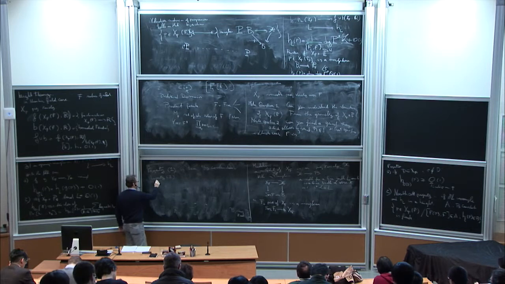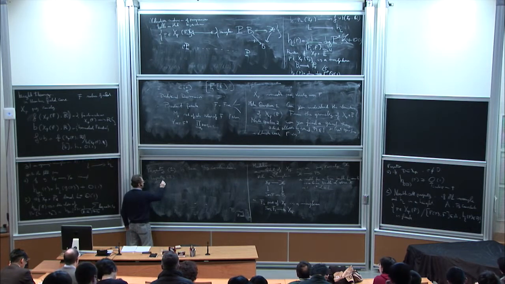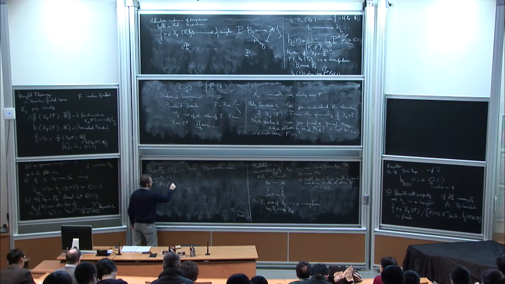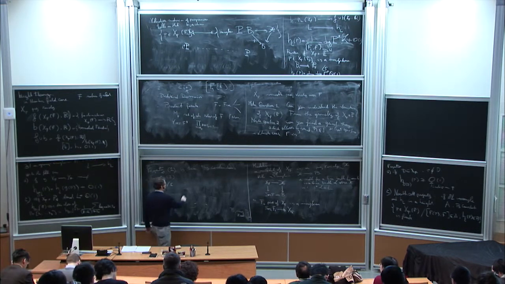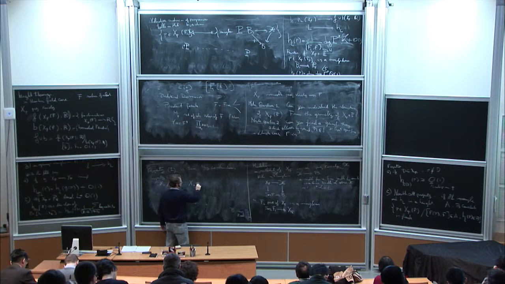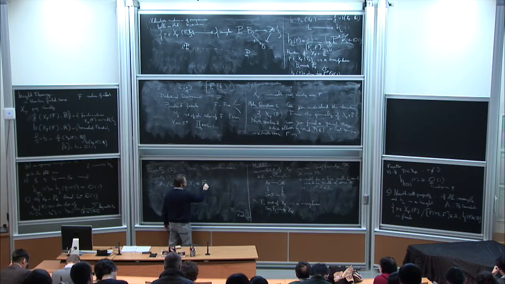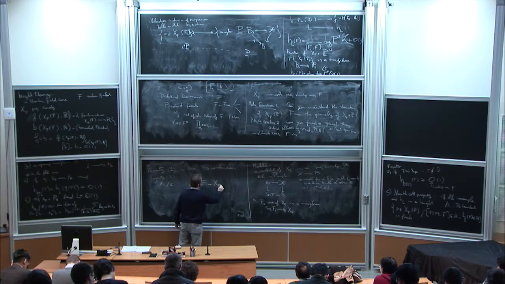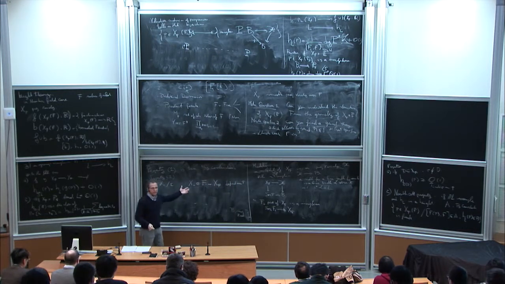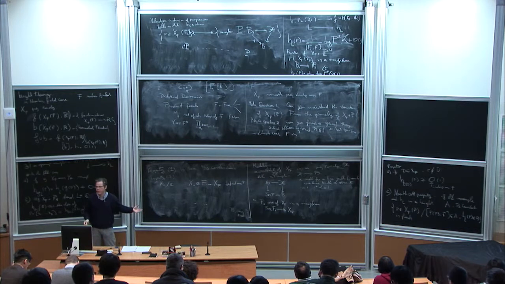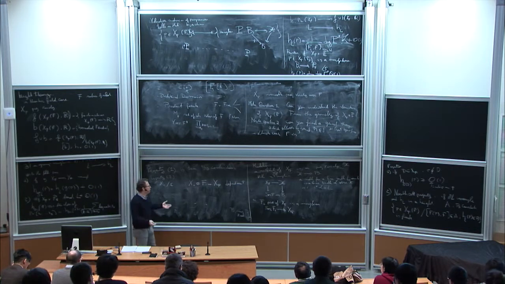Suppose that X0 is a variety defined over C. Then we can look at X0 tensor F. This is a variety defined over F. It's just a variety with equations which do not depend on the parameter t.